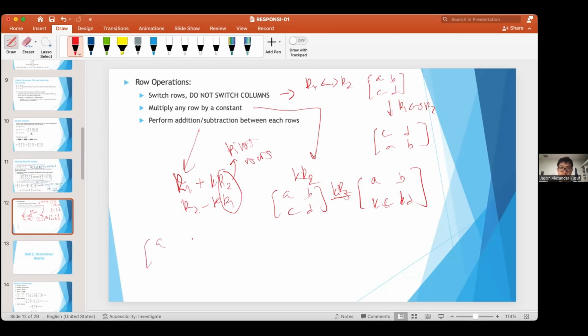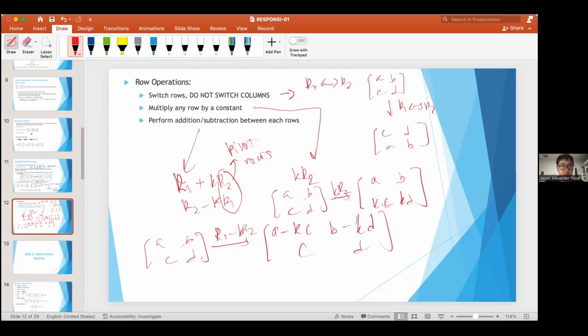So let's say A, B, C, D, and we want to do R1 minus KR2. We take a look at the first row, A, and the second row, C. So we get A minus KC. We do the same thing for the second column, B minus KD. And R2 remains unchanged, C, D. I forgot to tell you this earlier, and it is very important.